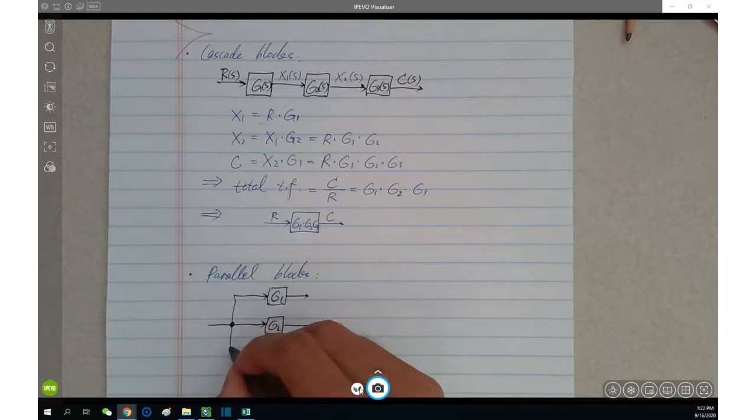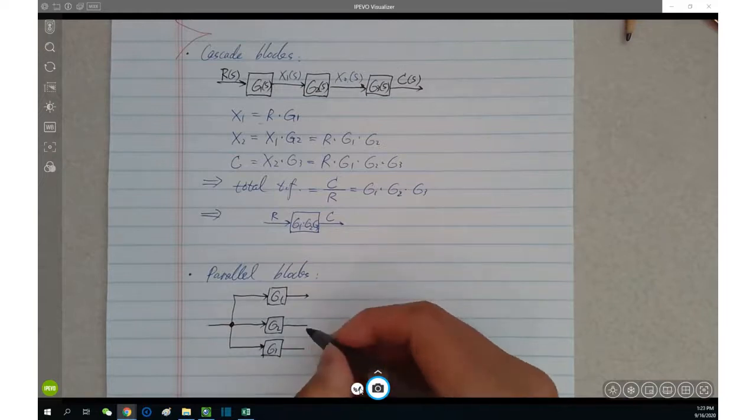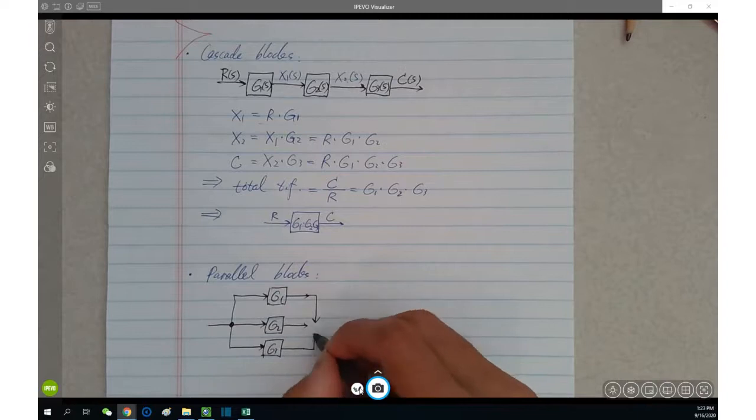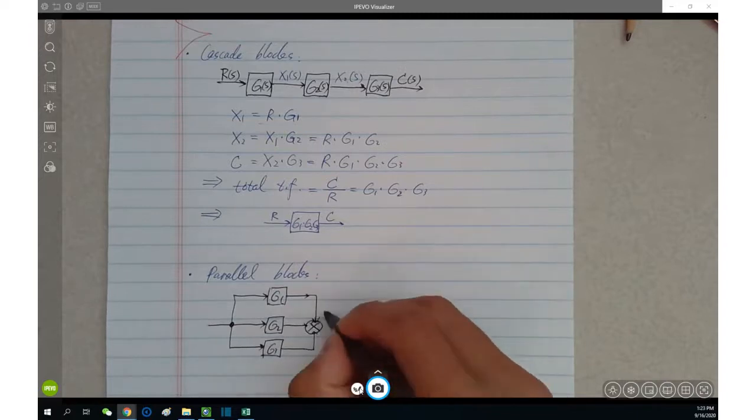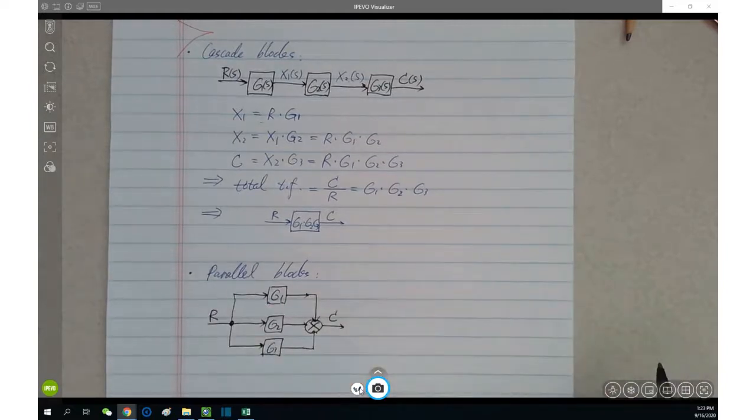Once again, if you're assuming 3 signals, 3 branches, input signal R goes through this pick-off point to reach G1, G2, and G3, 3 transfer functions.